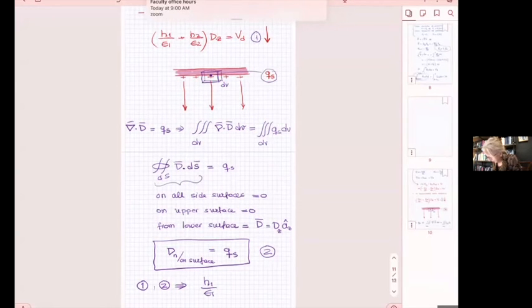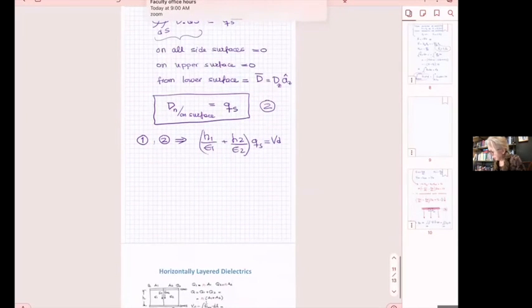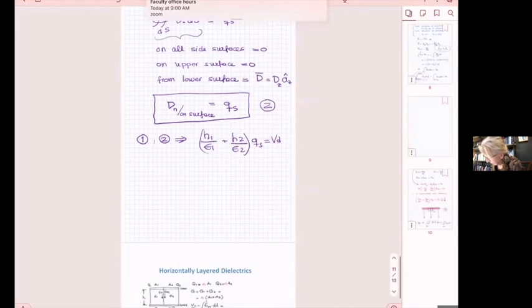I put D sub Z plus H2 over epsilon 2, and then I have Q sub S, equal to V sub D. Then I multiply everything by A, so I have H1 over epsilon 1 plus H2 over epsilon 2, and then I multiply everything by the area, which gives Q sub S A, and that gives me Q equals V sub D.